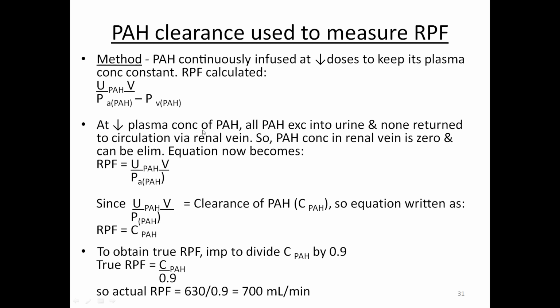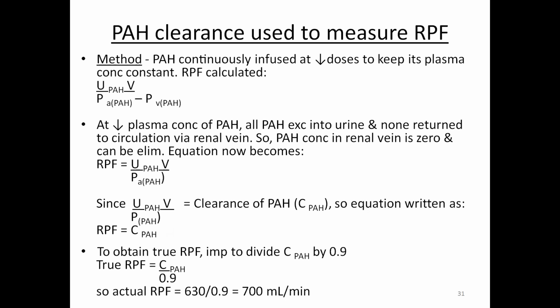At decreased plasma concentration of PAH, all the PAH will get excreted into urine and none will be returned to circulation via the renal vein. So the PAH concentration in the renal vein is 0 and can be eliminated. This is how the equation turns out. Since we know that U into V upon P is the clearance of PAH, the RPF is equal to the clearance of PAH.